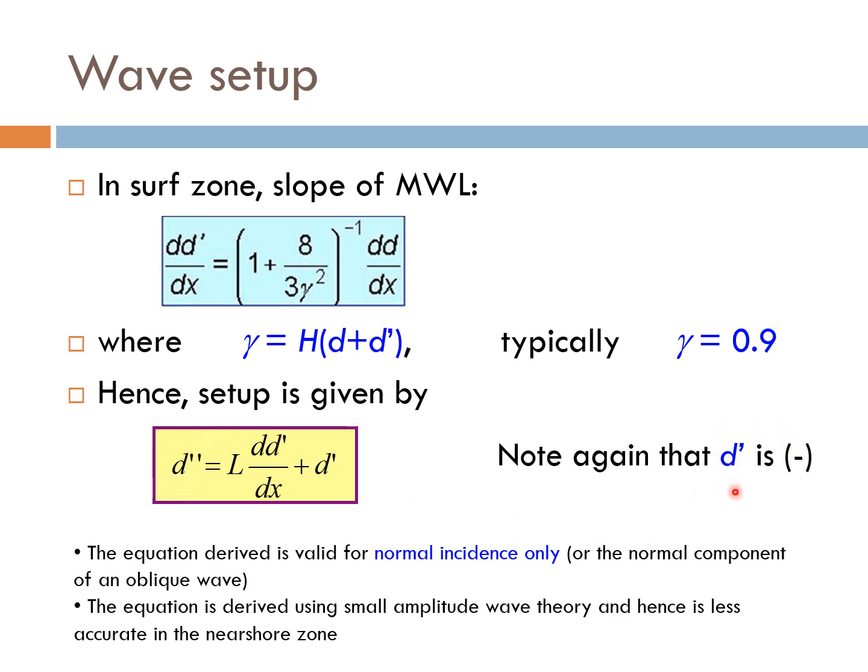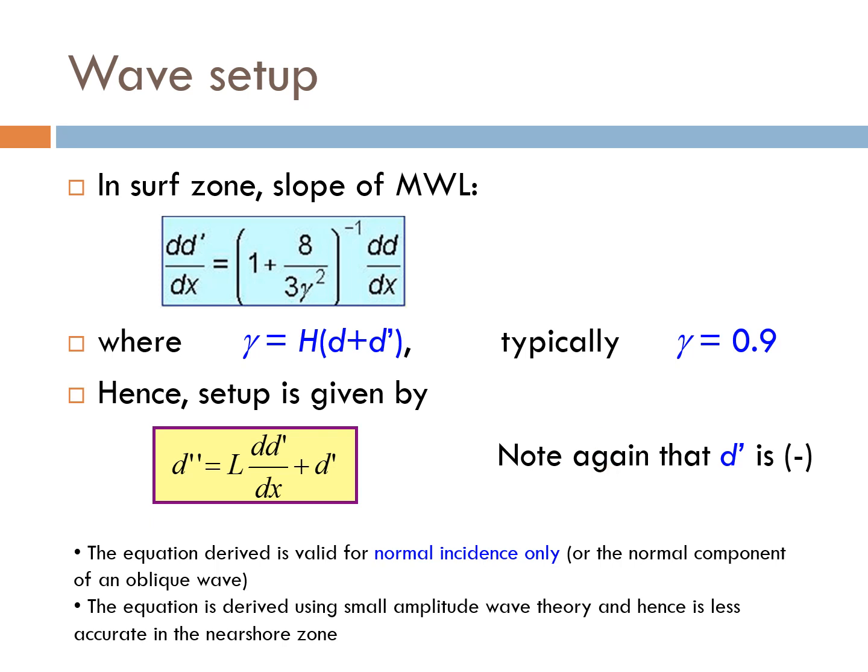d prime is calculated using the equation in the previous slide. We take note that the equation is derived and is valid for normal wave incidence only, or the normal component of an oblique wave that approaches the shore at an angle. And the equation is also only valid for small amplitude wave theory.